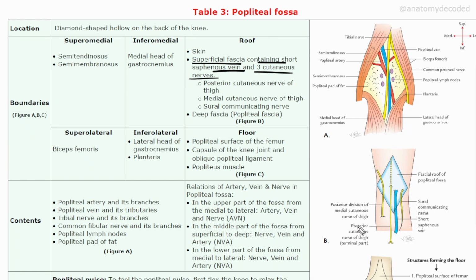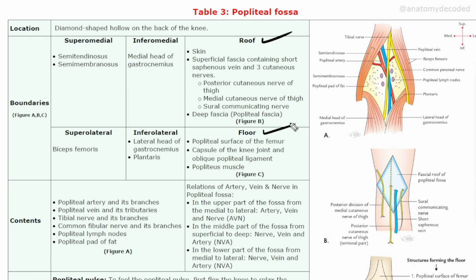In the middle, that is the posterior cutaneous nerve of the thigh. Medially there is the posterior division of the medial cutaneous nerve of thigh, and laterally there is the sural communicating nerve. So these three cutaneous nerves, the saphenous vein, and the deep fascia, which here is also referred to as popliteal fascia, all these structures form the roof of popliteal fossa.